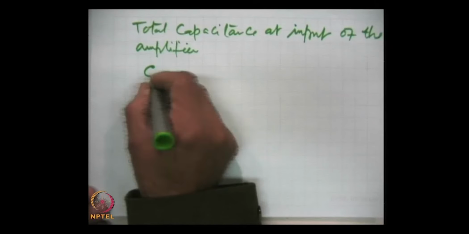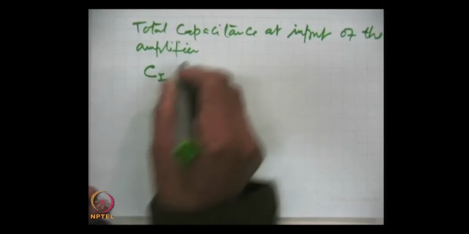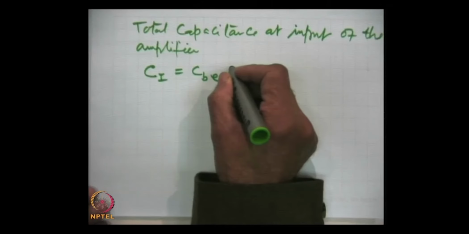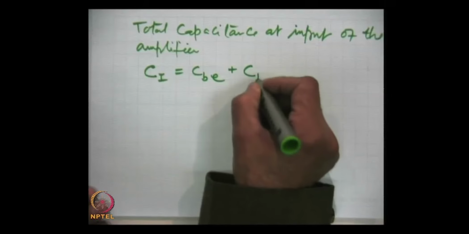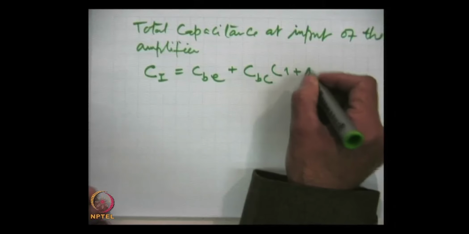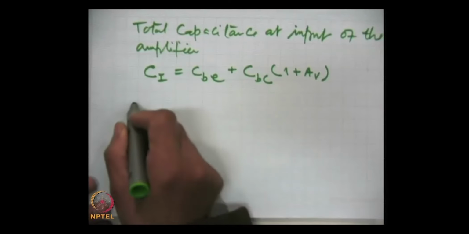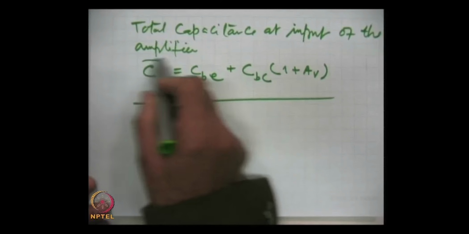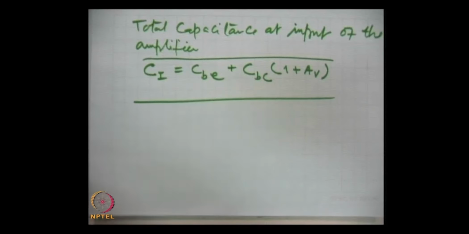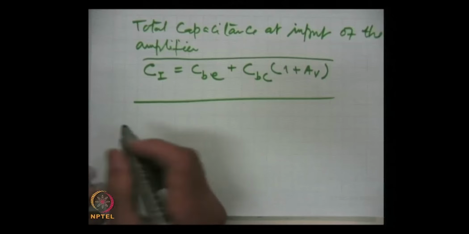This is CI for input, this will be CBE plus CBC into 1 plus AV. This is the total capacitance. These junctions originally are from the junction capacitances.